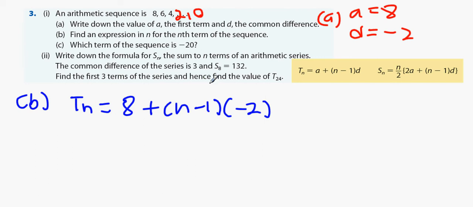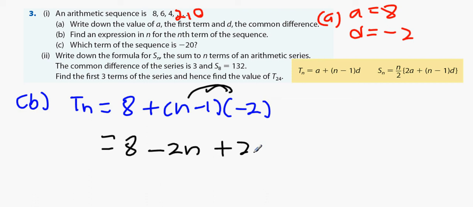Now we're going to multiply them out. We're going to get 8 minus 2n plus 2. And what we're going to get is 10 minus 2n. Tn is 10 minus 2n.